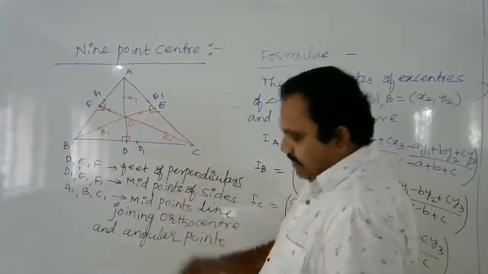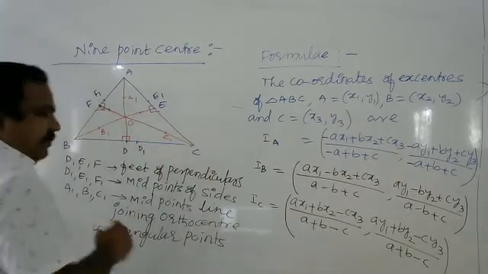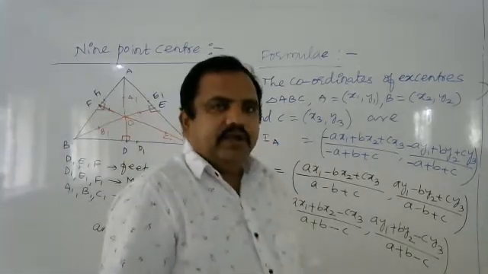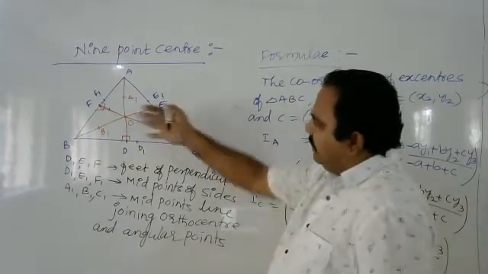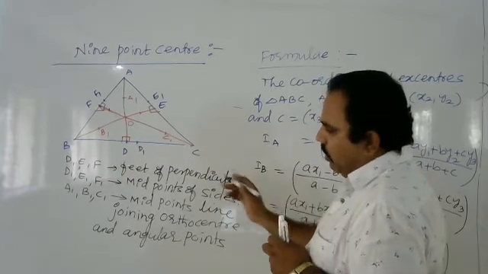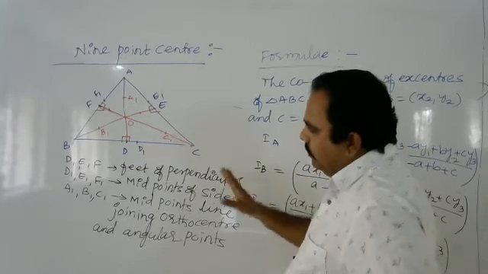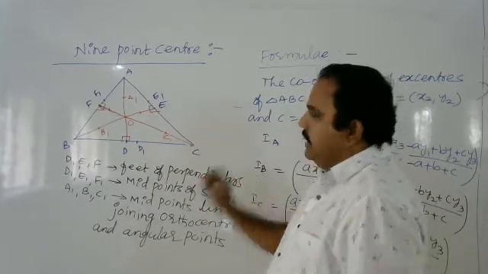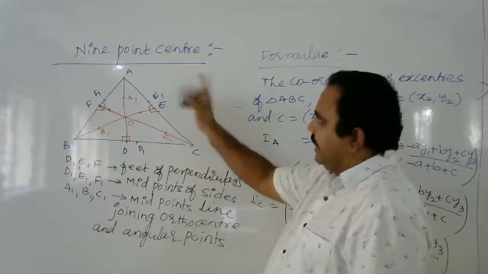And A1, B1, C1 are the midpoints of the line segments joining the orthocenter and the angular points A, B, C. The circle that passes through all these 9 points is known as the 9 point circle, and its center is known as the 9 point center.